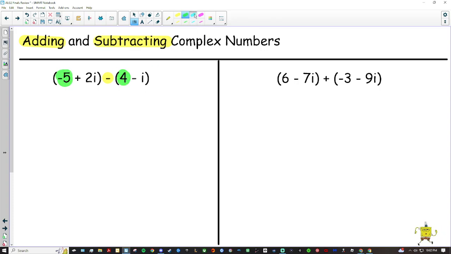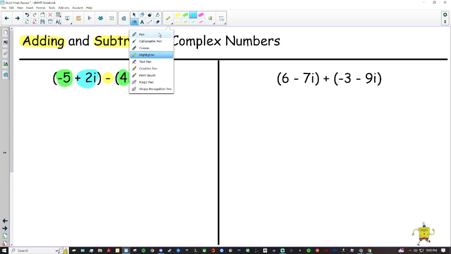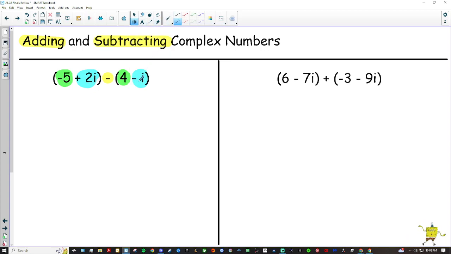My imaginary numbers are +2i and -i. When you ever have a lone i, remember you can always put in your invisible one. This is a -1i. So we are subtracting, let's not forget. So I take my real number, -5, and I subtract 4.